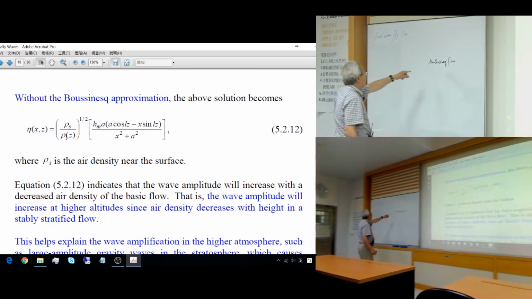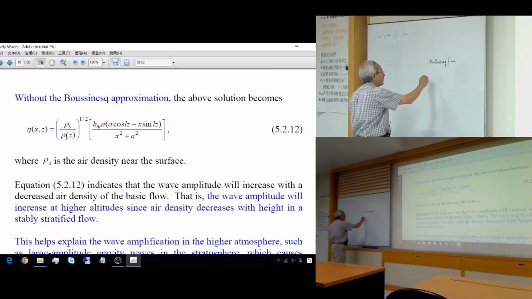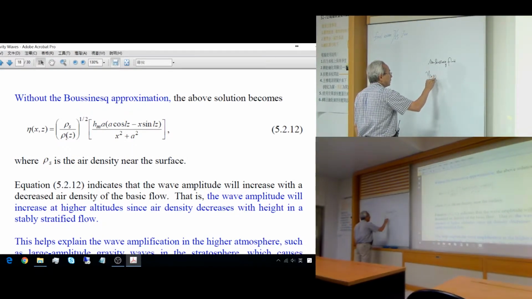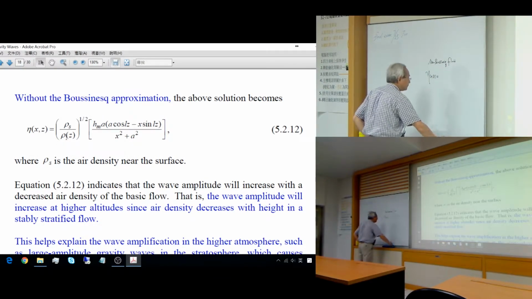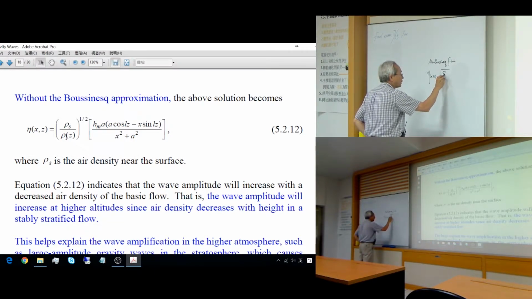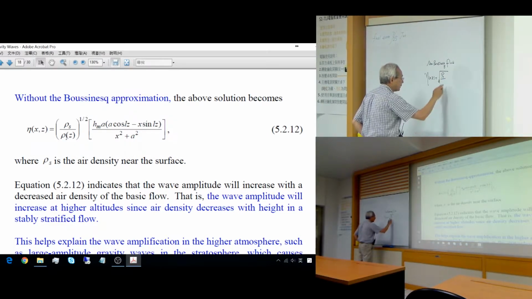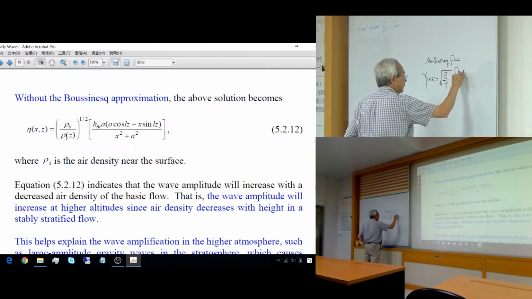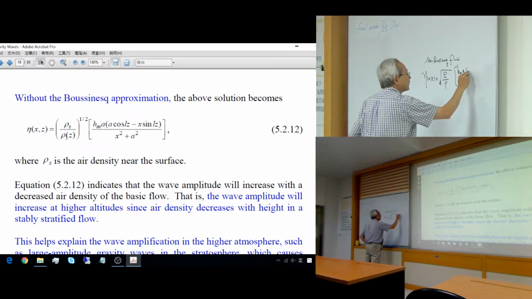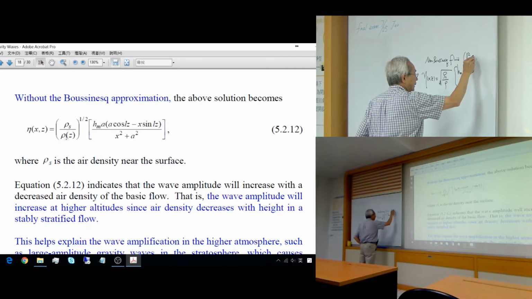Our atmosphere is more a non-Boussinesq fluid, so our eta will equal the square root of rho sub s divided by rho of z. Probably I'll just say rho here. And then the last part is the same as before, A times A. This is for hydrostatic flow, for L square much greater than K square.